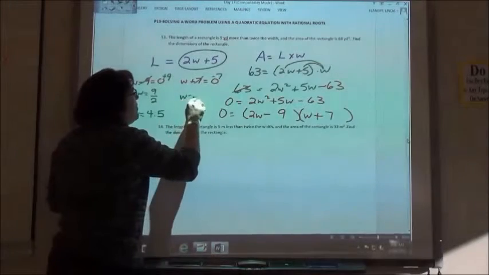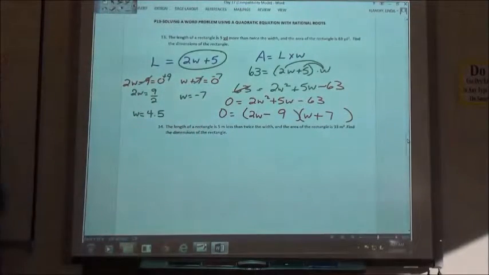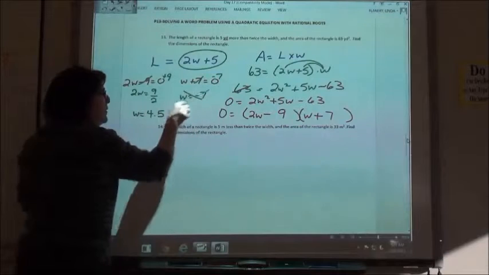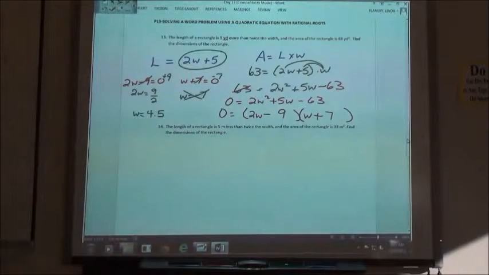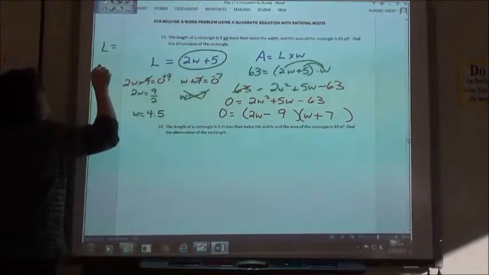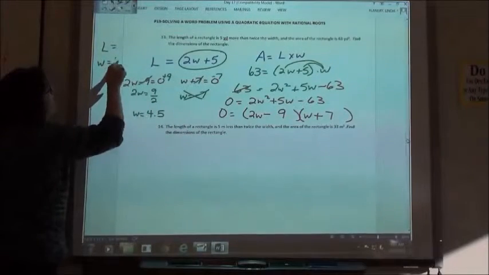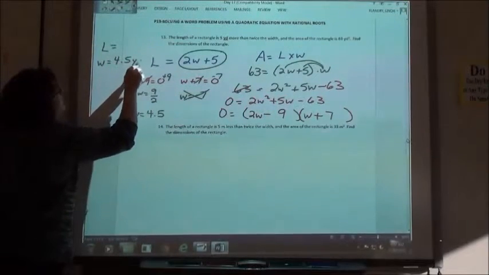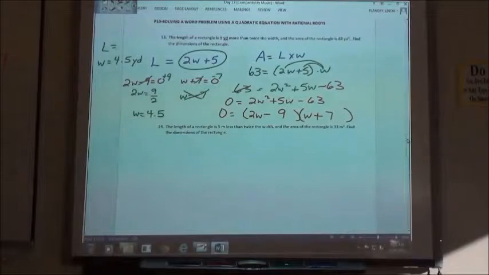Can you have a width that is negative 7 on your rectangle? When you measure something, are you ever going to get negative 7? No. So this one we're not going to use. It came out as part of our answer, but it's not possible to have that solution. It says find the dimensions of the rectangle. In other words, we want to know what the length and the width are. We know the width was 4.5 yards, but we still need to find the length.